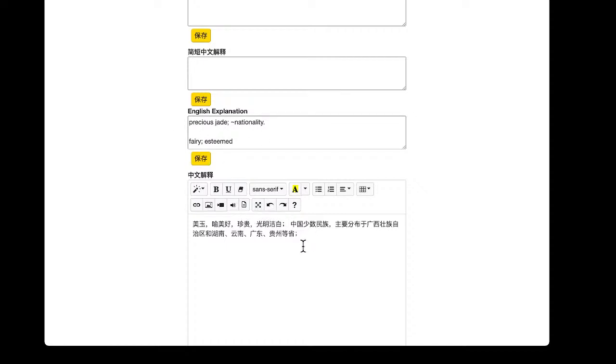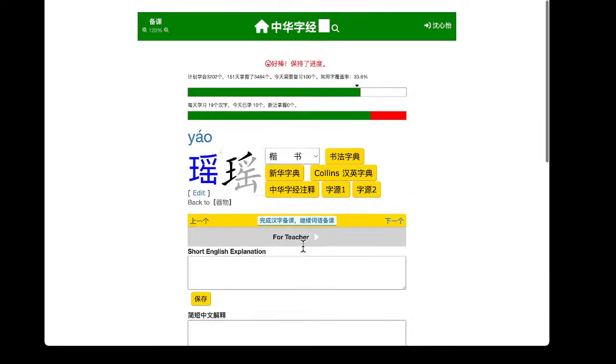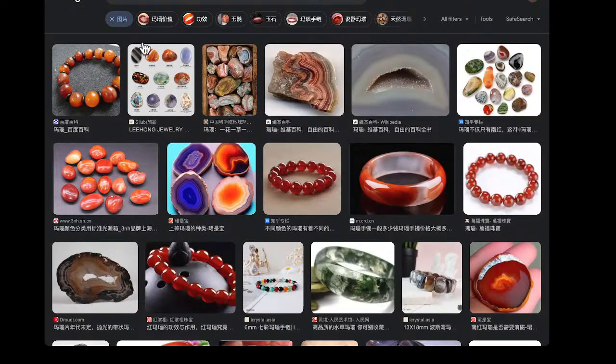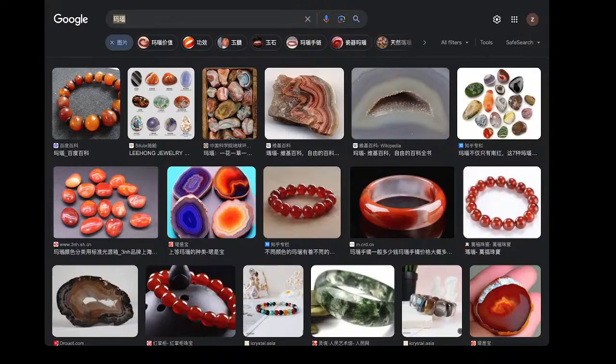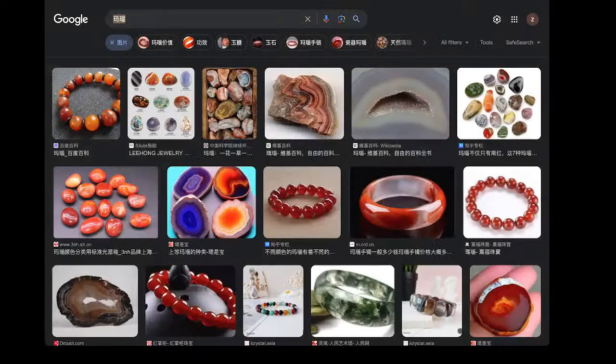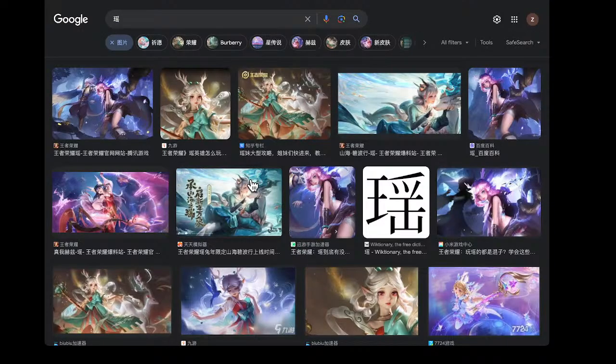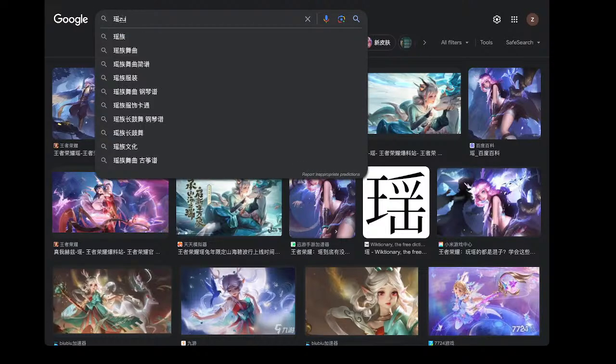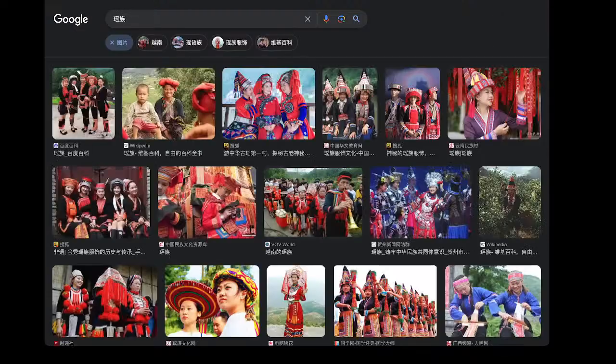And so, for example, this is going to be interesting. If you take this thing, you just search, you say Yao, you can see this Yaozu. You see, these are their traditional clothing.